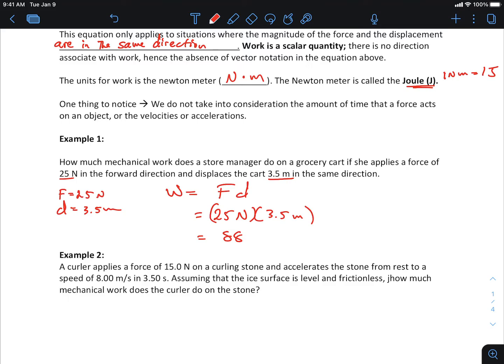What are the units? Newton meter. What did we say a Newton meter was? A joule. So 88 joules of work was done. That's an easy one.